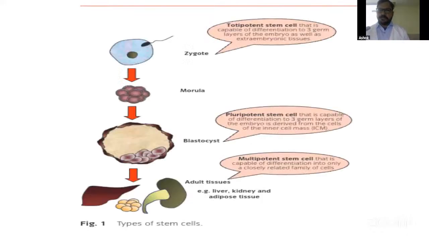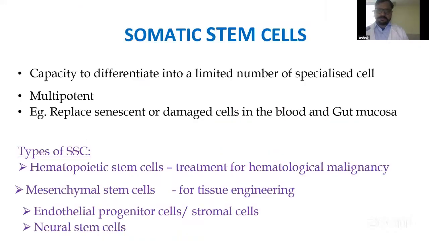Totipotent stem cell is from the zygote, capable of differentiating to germ cells as well as extraembryonic tissue, and a pluripotent cell is taken from the inner cell mass of the blastocyst and differentiates into the three germ layers. Multipotent stem cell is taken from adult tissue and differentiates to a related family of cells.